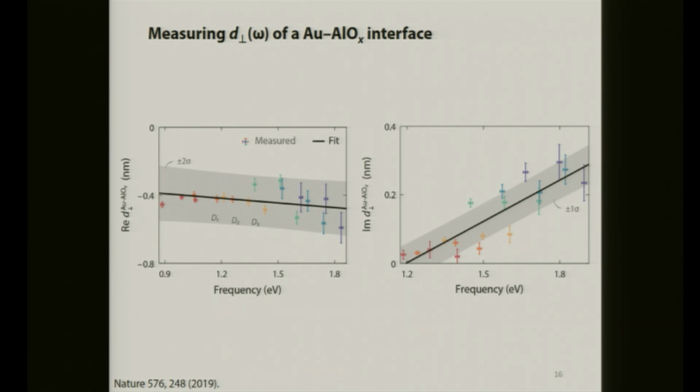And this strongly dispersive imaginary part of D, which is associated with the broadening of the resonance, explains the breakdown of the Kreibig broadening. This is because in the near-infrared regime, the imaginary part of the D parameter is so small that the broadening is very small. But in the visible regime, the broadening gets magnified because of the large imaginary part of the D parameter, even though the gap is relatively smaller.